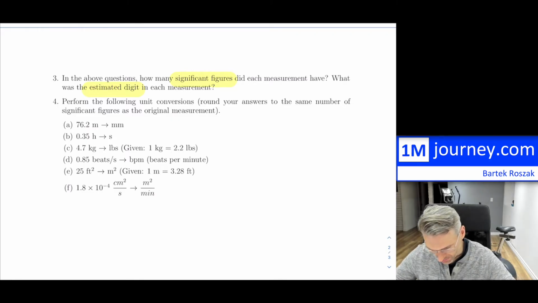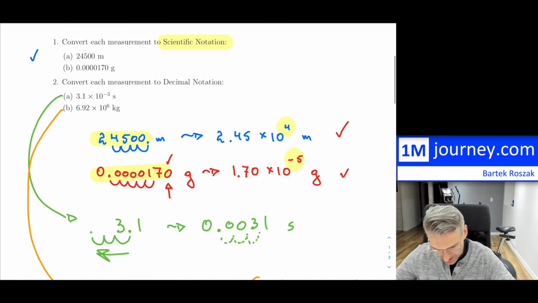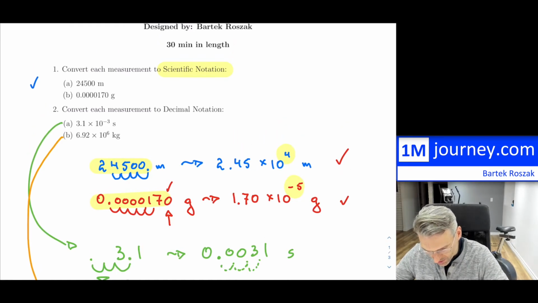All right, so in terms of counting, it's actually not that difficult. Within here, our first one is this one right here. So how many do we have that are significant? That's 1, 2, and 3. So we have 3 significant figures here. That's 3 sig figs for this one.